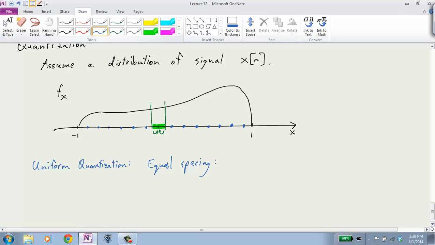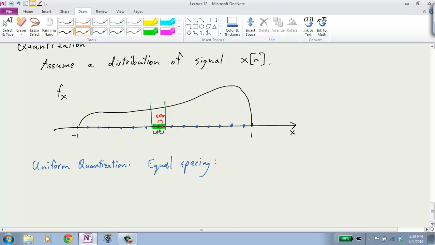the error after quantizing here, let's say I actually have a sample that has this value. Red's not going to show very well. I have a sample that actually has that value, and it gets quantized, moved to the quantization point. Then the error is exactly that difference there. That's the quantization error.